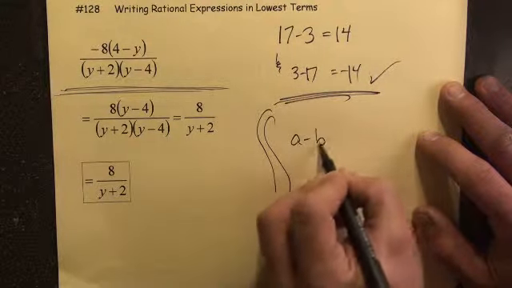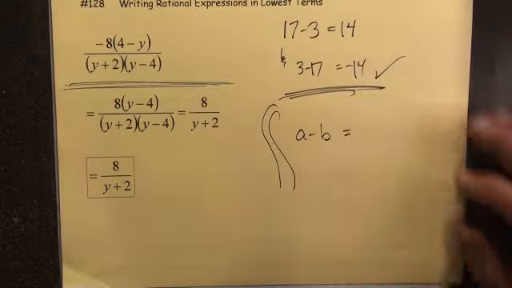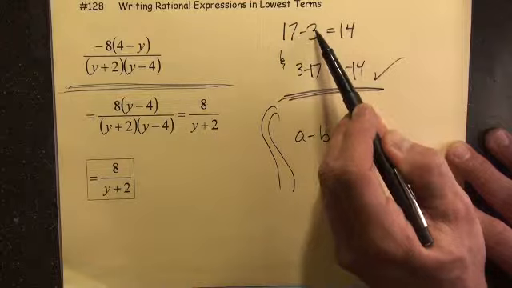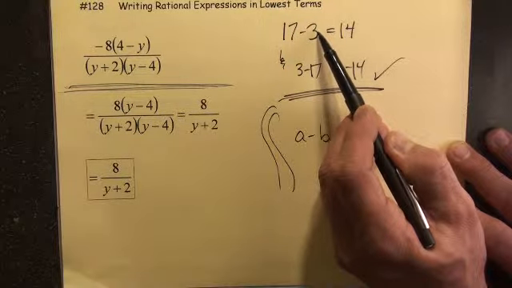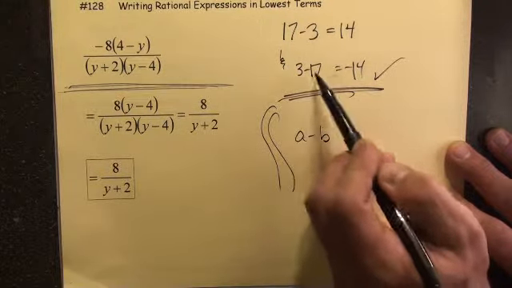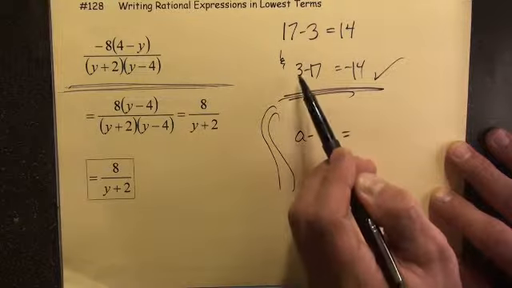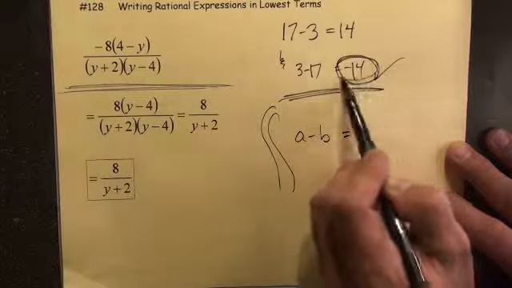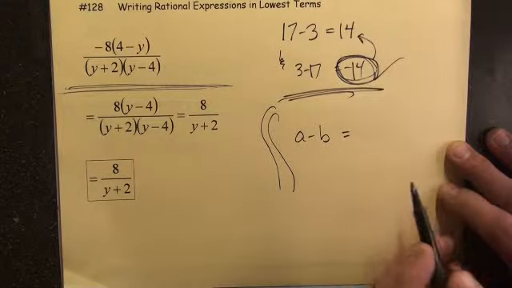A minus B equals... Does everybody agree that 17 minus 3 equals the opposite of 3 minus 17? What's the opposite of 3 minus 17? Well, you're talking about the opposite of negative 14, which is 14. See that?